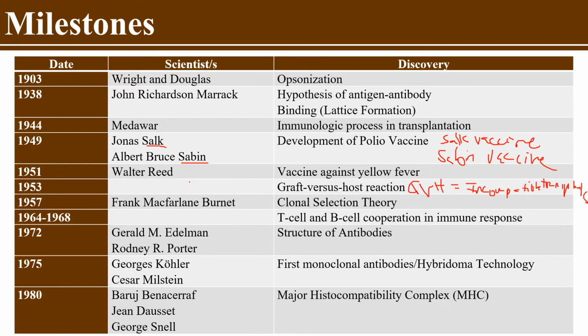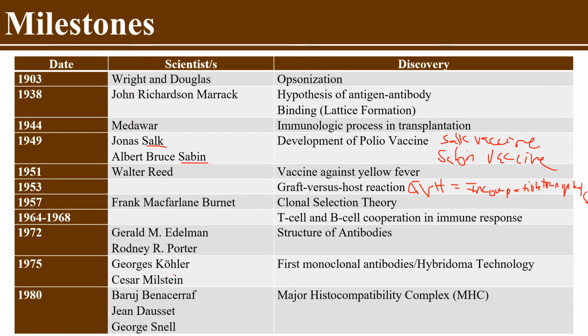Then we also have 1957 Frank Macfarlane Burnet for his clonal selection theory. 1964 to 68, we have the T cell and B cell cooperation in immune response. 1972, we have Gerald M. Edelman, Rodney R. Porter for the structure of antibodies.